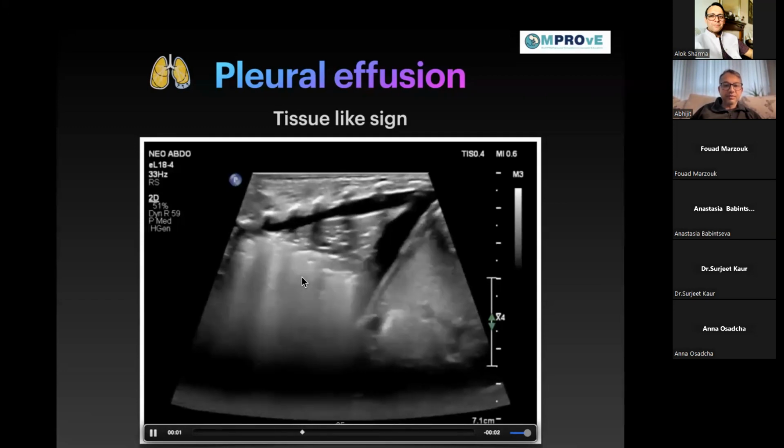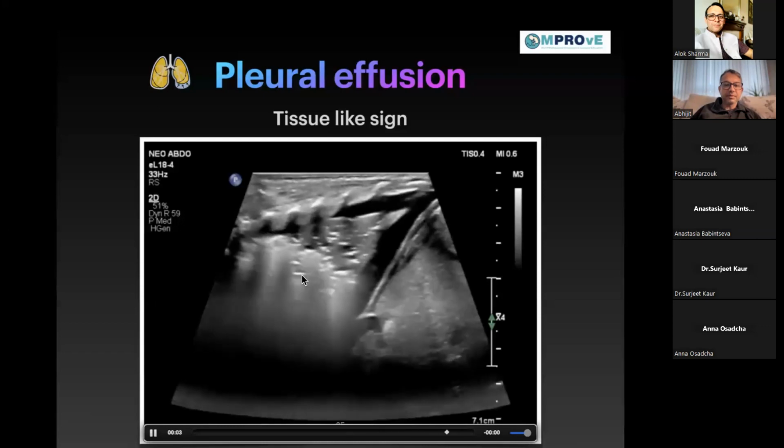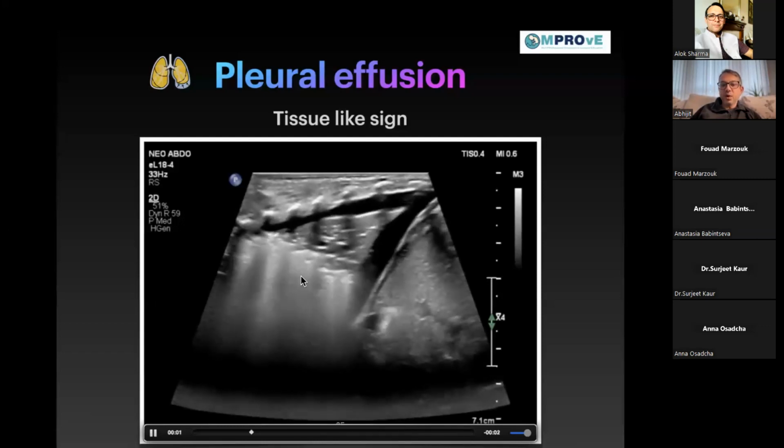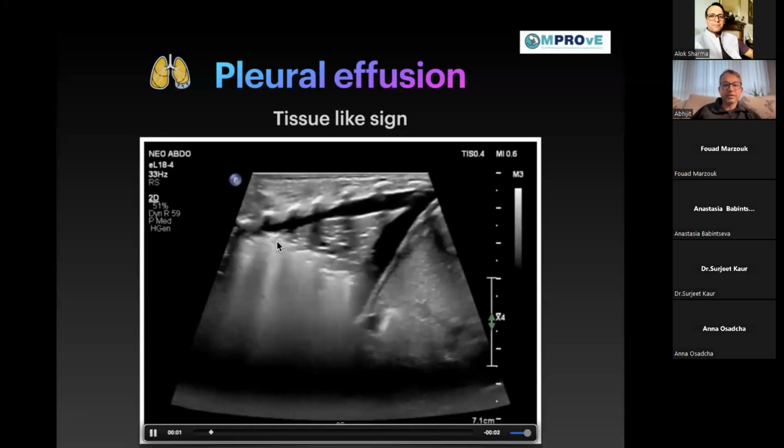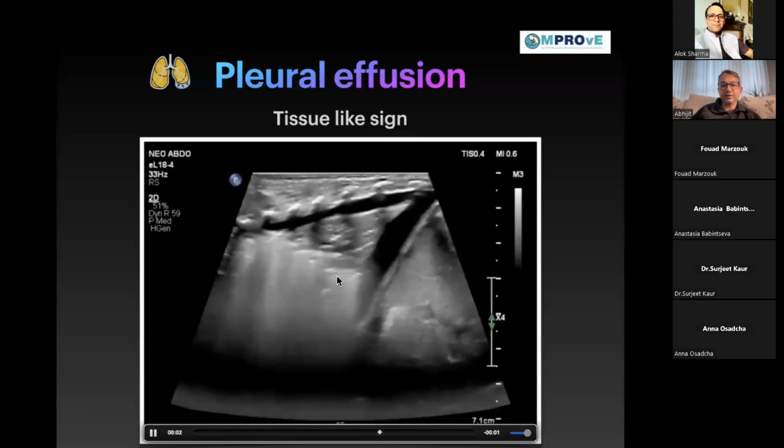Just focus where I'm putting my cursor. It comes on and it disappears. So dynamic bronchograms there. And this is all fractal sign. This is not an irregular pleural line here. It's a fractal sign. It's all consolidated area. And this is the area where you have entrapment of the fluid in the air.